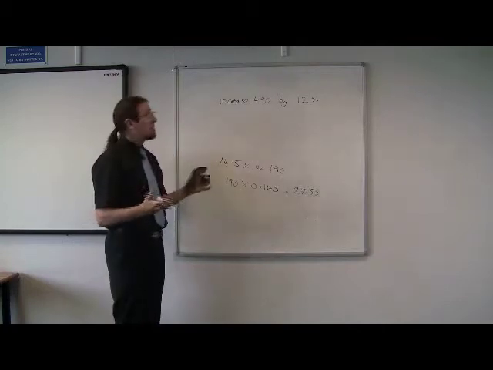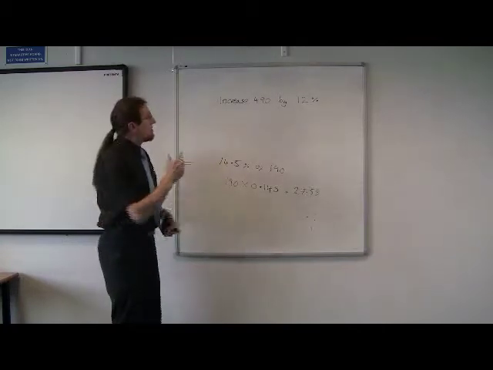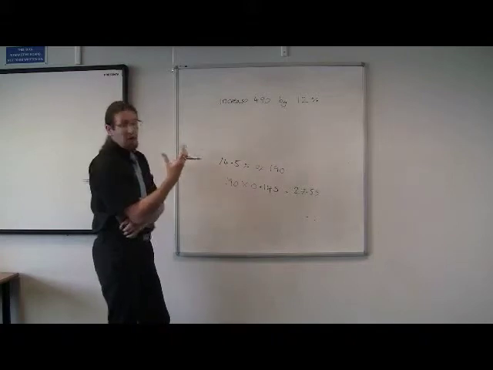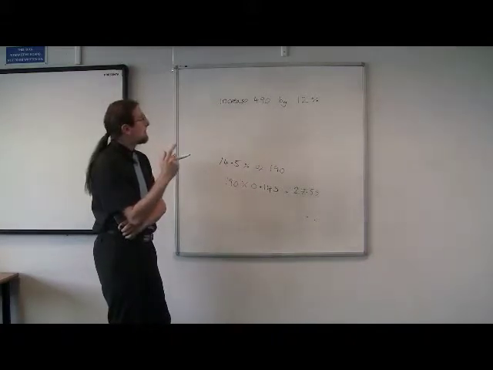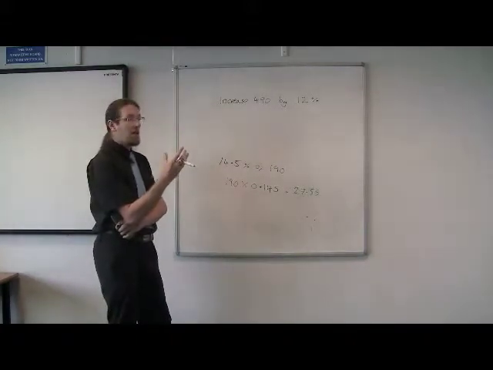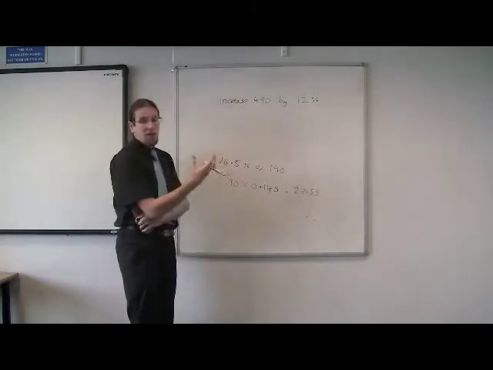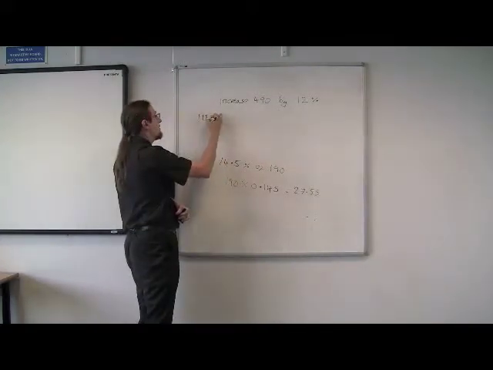Now, we could find 12% and add it on. But if we think about what we're actually doing is, we've got the original, that's 100%, and we're adding that 12% on. So what we're actually going to end up with is 112%.